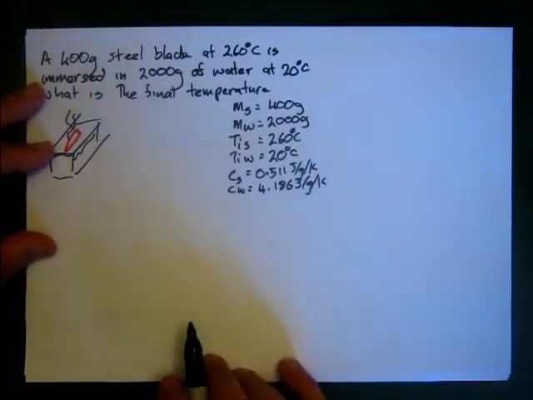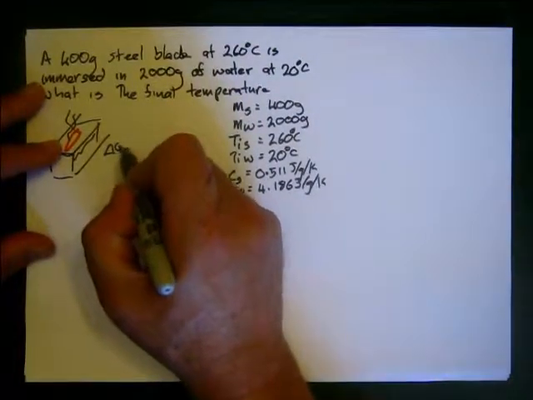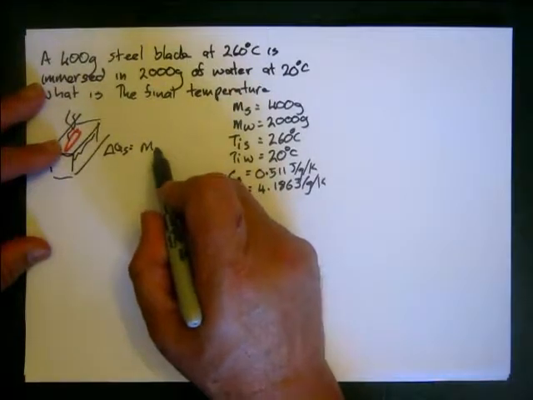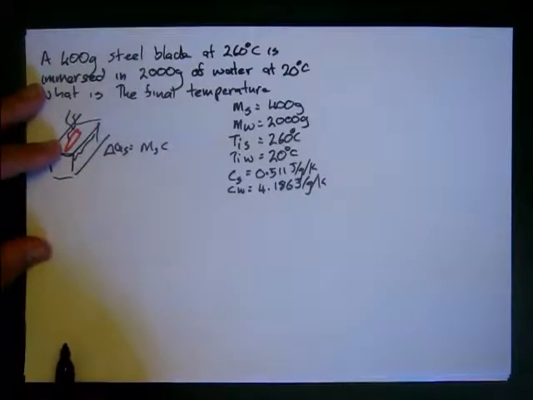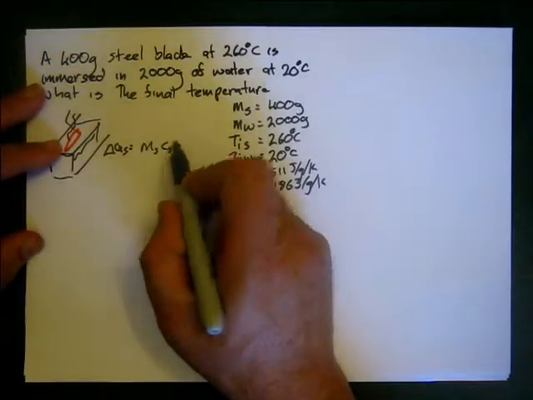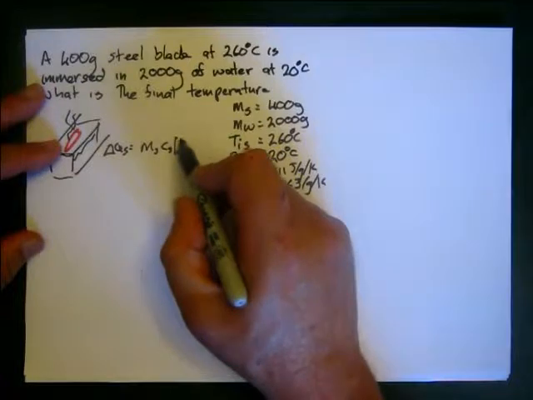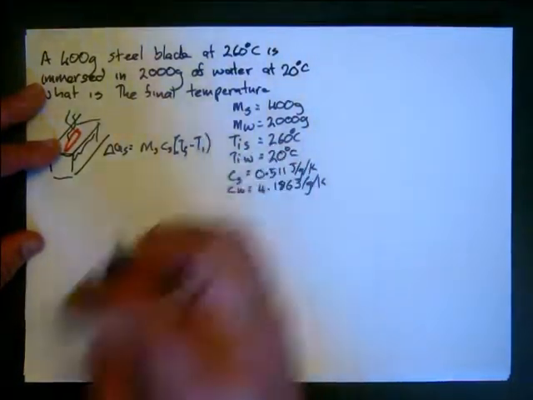Now what actually happens here is there is going to be a change in heat. So the change in heat of the steel is going to equal the mass of the steel times the specific heat of the steel times the change in temperature of the steel. So that's going to be temperature final minus temperature initial.